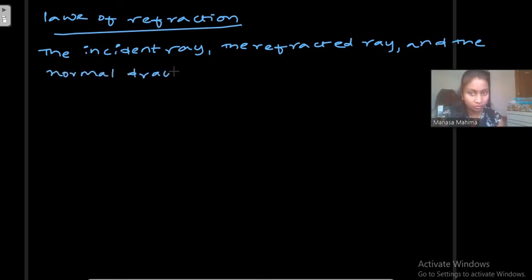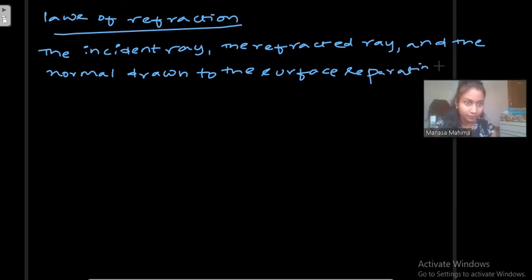drawn to the surface separating two media, at the point of incidence, correct?